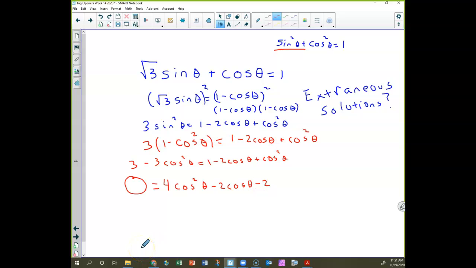Now, while it's probably not a big deal in this particular problem, anytime I have a quadratic that I can simplify, I'm going to. I'm going to divide both sides by 2. I don't have to. I could solve it the way it is.